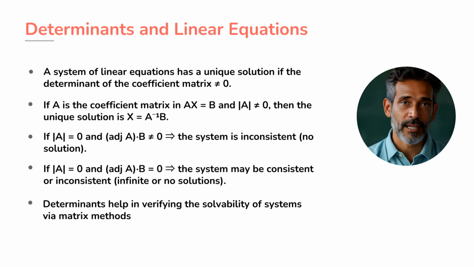If mod A equals 0 and adjoint of A times B equals 0, the system may be consistent or inconsistent, it could have infinitely many solutions or none. This flow of conditions helps us quickly determine whether solving the system is worth attempting or not.